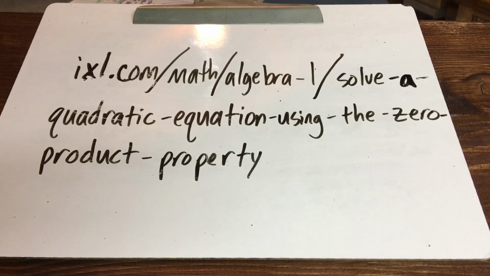Or dashes, -1, solve-a-quadratic-equation-using-the-zero-product-property, right? This website, hopefully you can type it in there with all those dashes and it should work. It'll let you give yourself 10 practice questions. I think you get 10 free each day, and then you have to buy a membership.